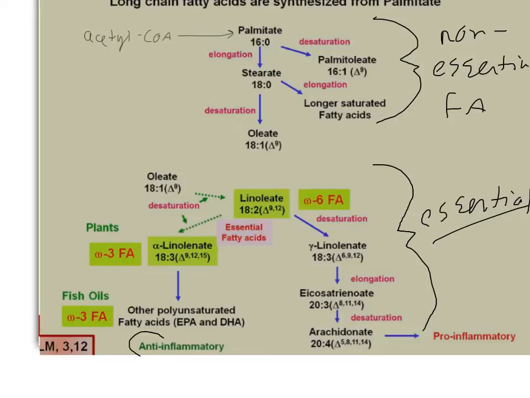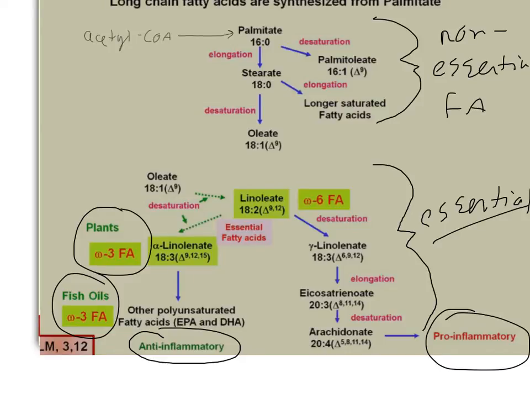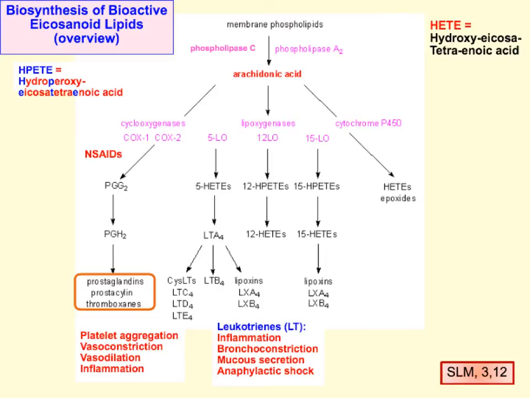For example, there's anti-inflammatory signaling that we get from omega-3s from plants and fish, and then a pro-inflammatory response that we can get from the downstream products of linoleate. Now eicosanoids are considered local hormones.